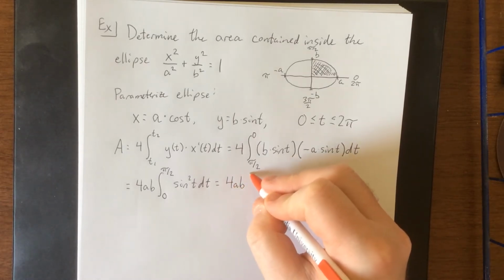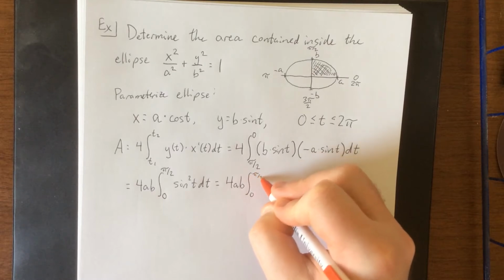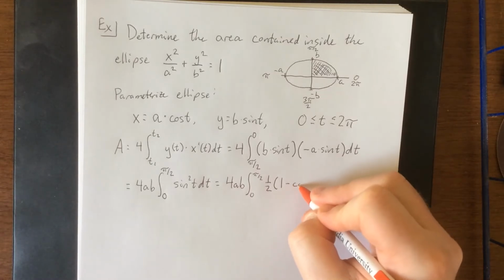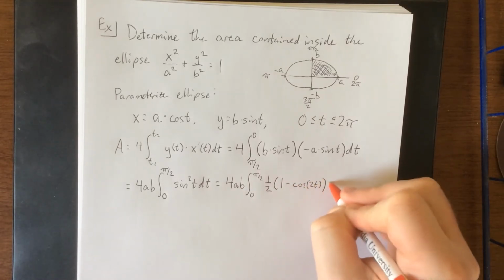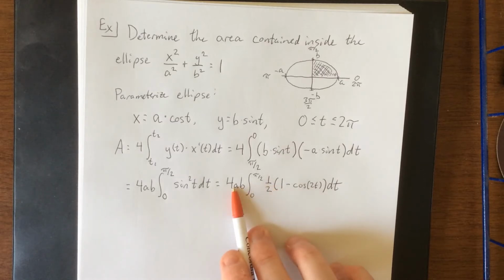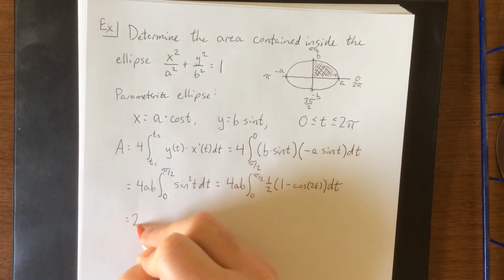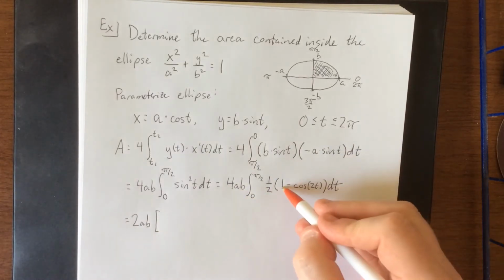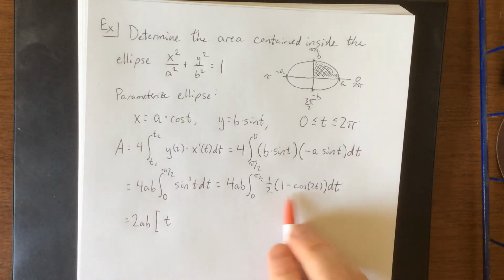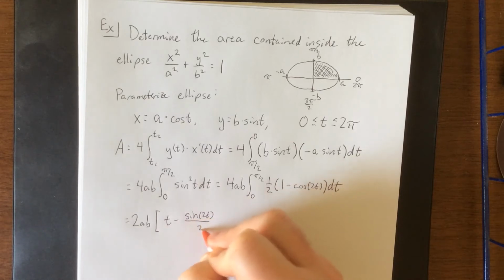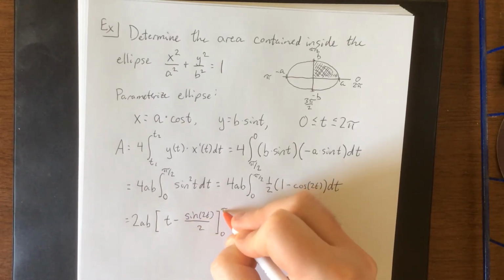So this will be 4ab times the definite integral from 0 to pi over 2 of the power-reducing identity for the sine squared, which is half of 1 minus the cosine of 2t dt. This can be evaluated fairly straightforwardly. I can take the 1/2 and pull it outside, combine with the 4 to be left with 2ab. And then we integrate. 1 becomes t, and the cosine of 2t will become the sine of 2t divided by 2, from lower bound 0 to upper bound pi over 2.